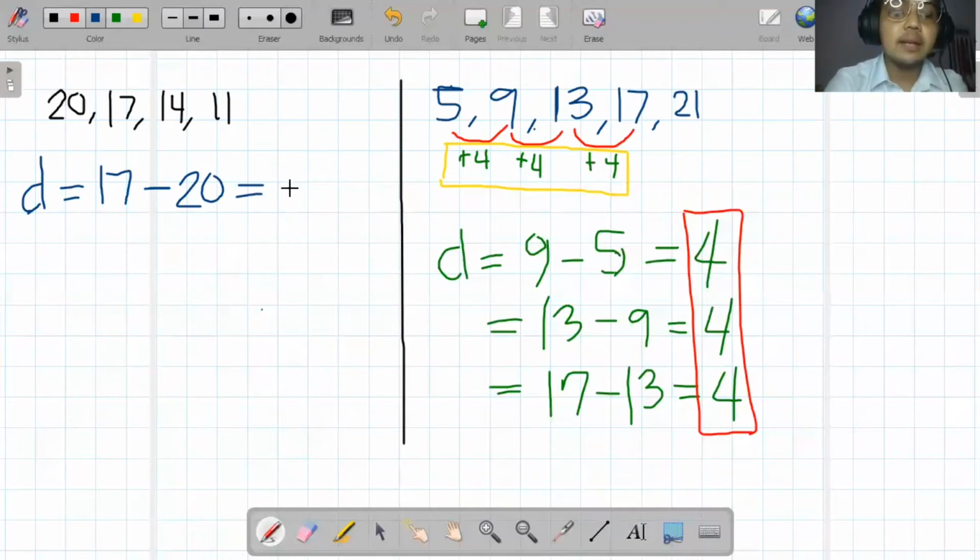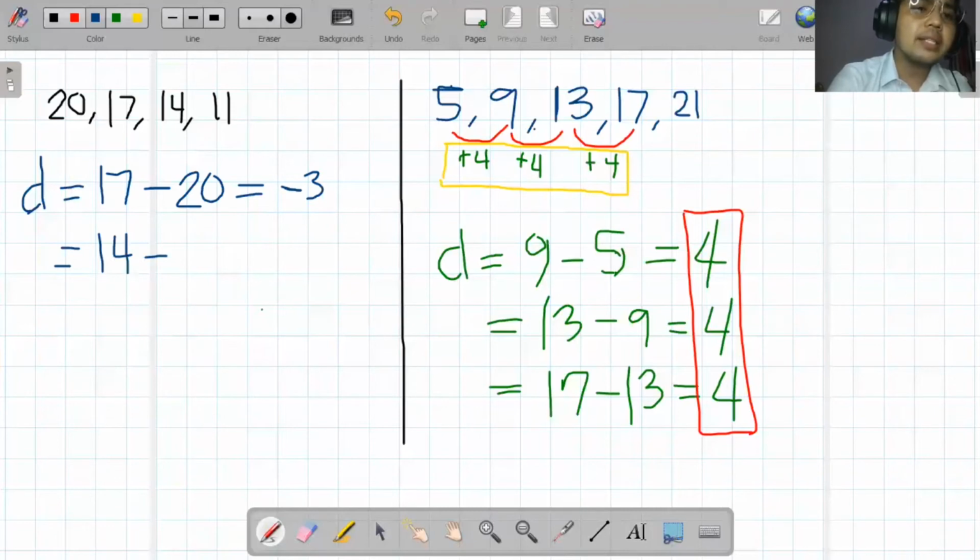So 17 minus 20 is actually negative 3. And then our next one is third term minus second term. So third term is 14 minus 17. Small minus big. So the answer for this one is negative 3.